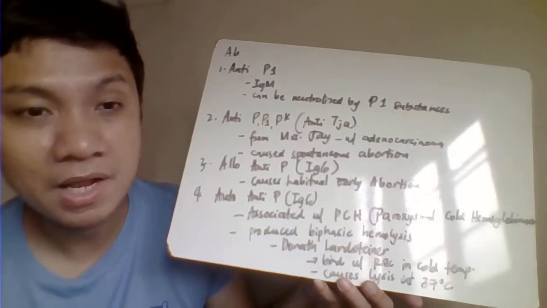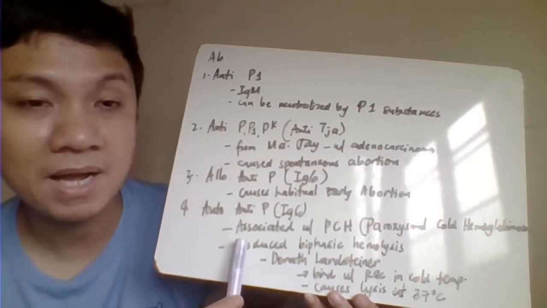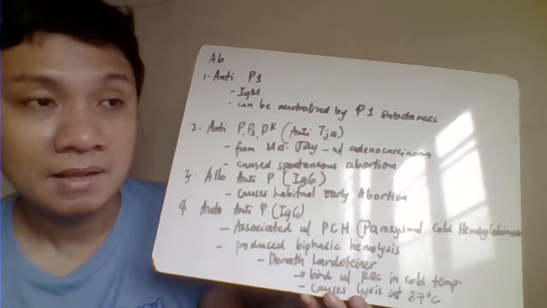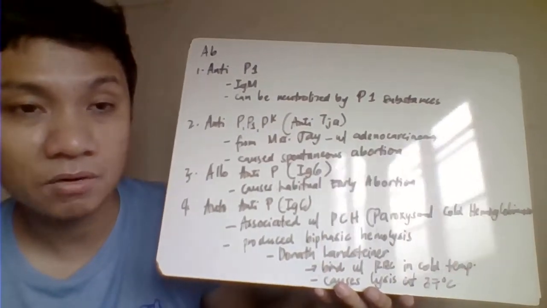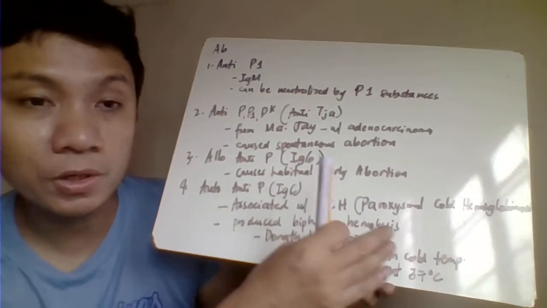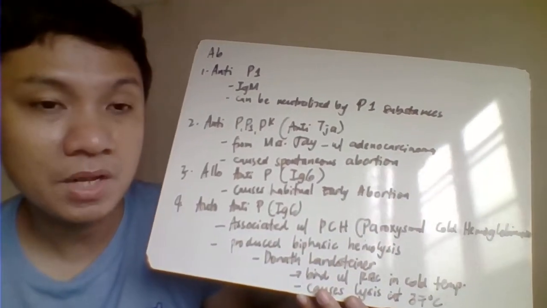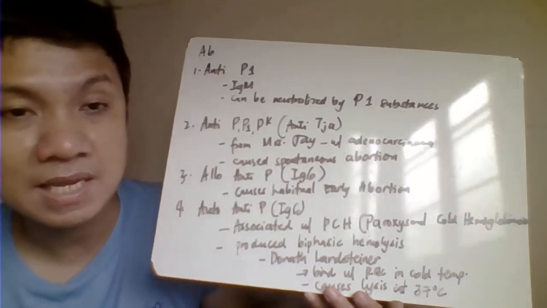So at a cold temperature, this antibody will bind with the RBC membrane. Then when our RBC is exposed to 37 degrees Celsius, it causes lysis. So from cold temperature to a hotter temperature, that's why it's called a biphasic hemolysin.